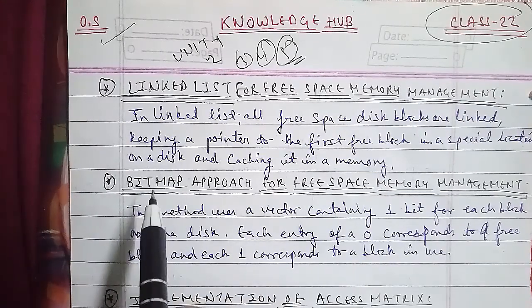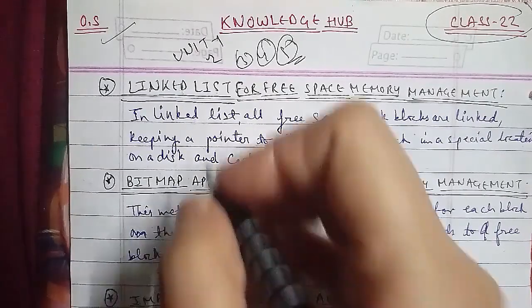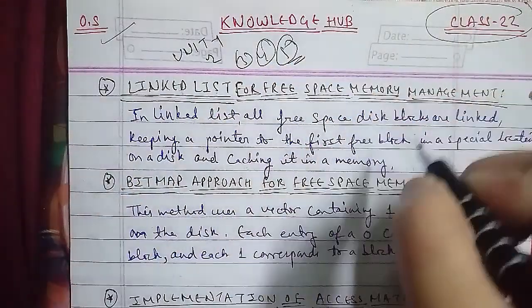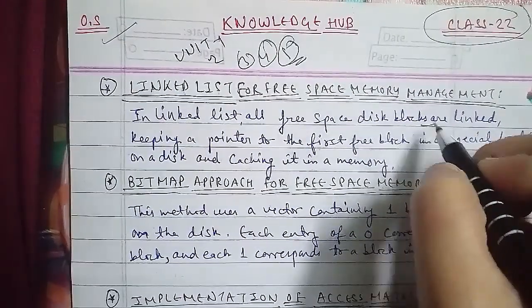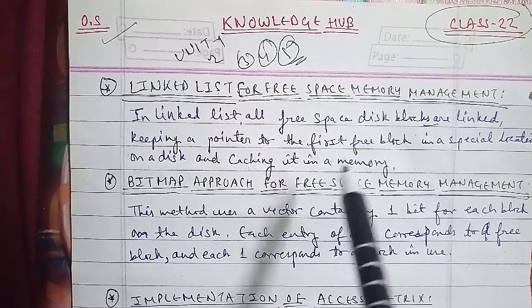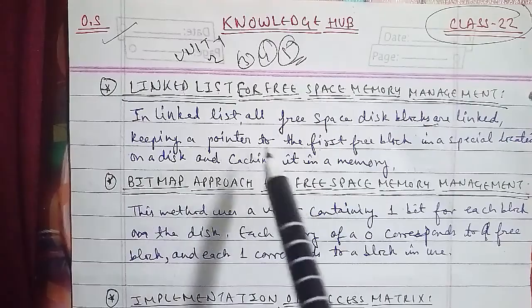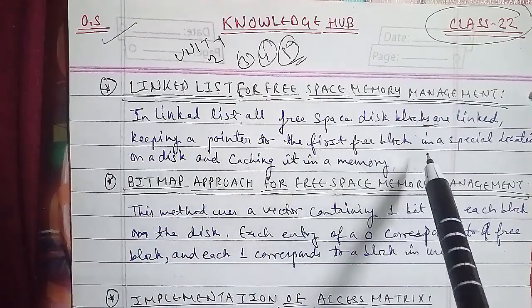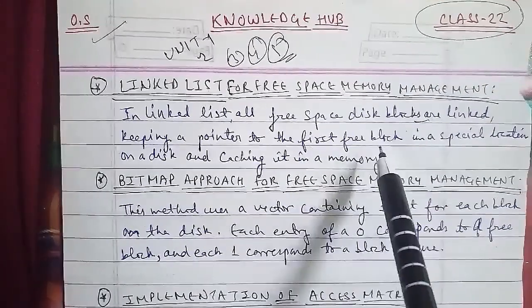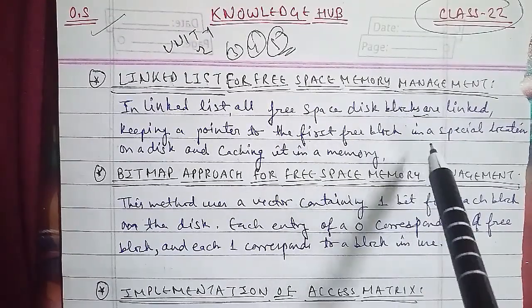For the linked list here, the linked list states that in a linked list all free space disk blocks are linked. जितने भी आपके linked list होते हैं उसमें जितने भी आपके free space disk होंगे वो आपके blocks link होंगे one to another and keep a pointer to the first free block. और आपका जो first free block होंगे उनके ऊपर वो pointer point करेंगे and as well as in a special location on a disk and caching it in a memory.